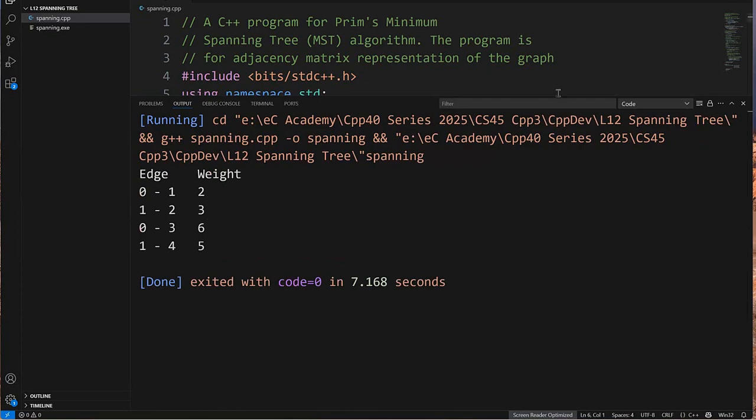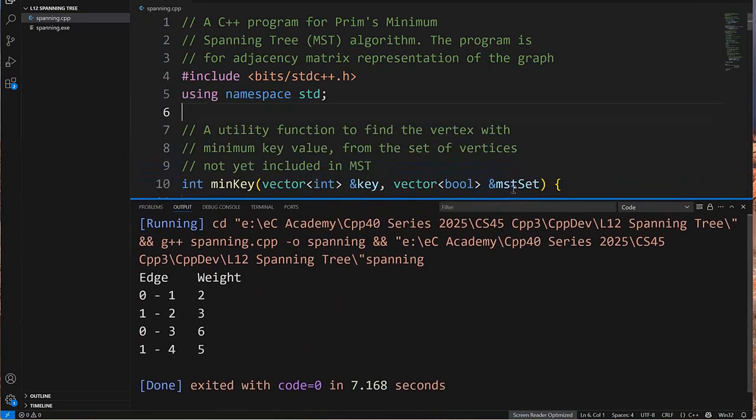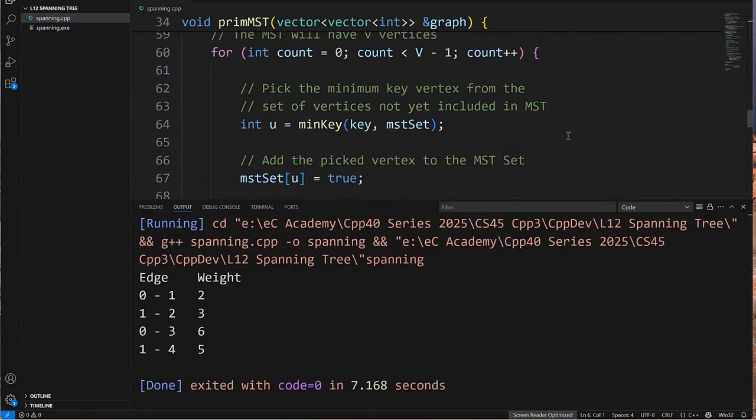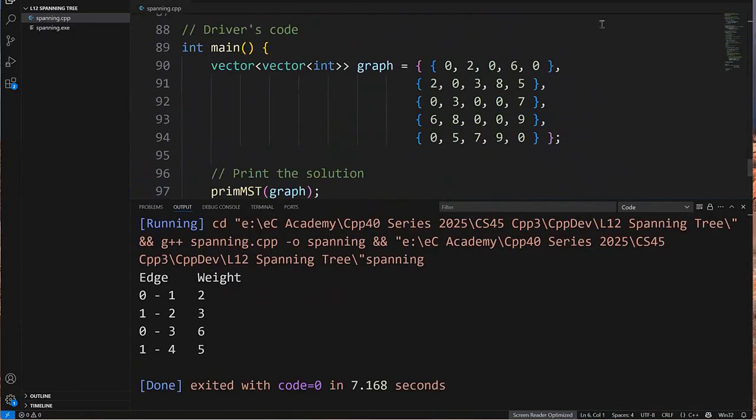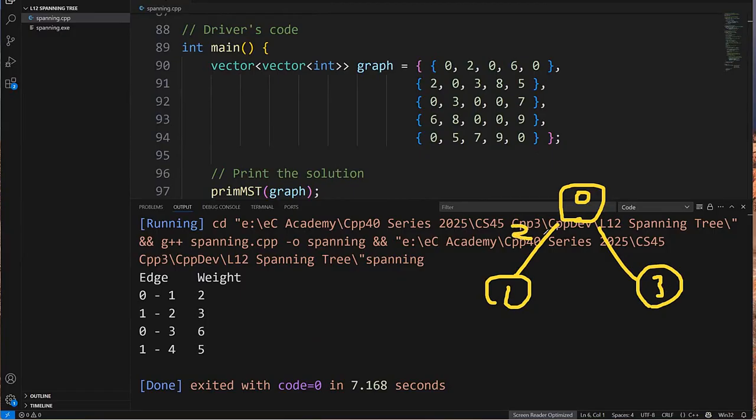Okay, let's actually look at an example. The graph has 5 nodes. Your node 0 goes to nodes 1 and 3, with weights 2 and 6.